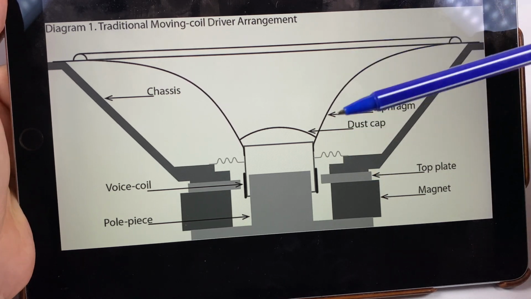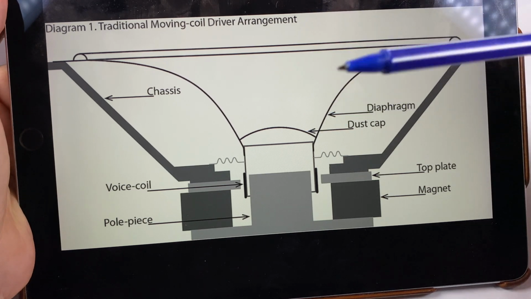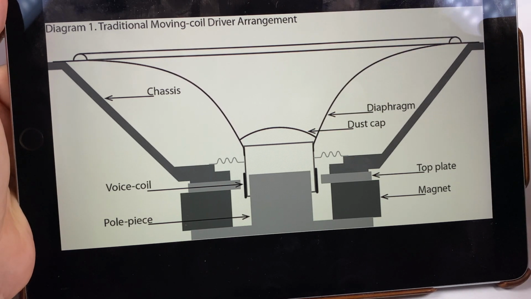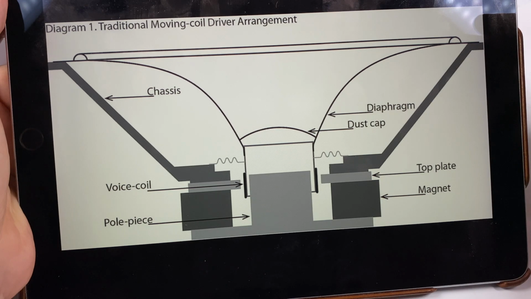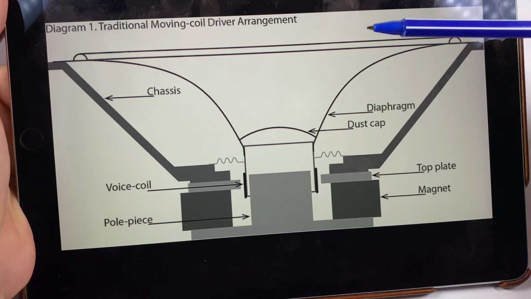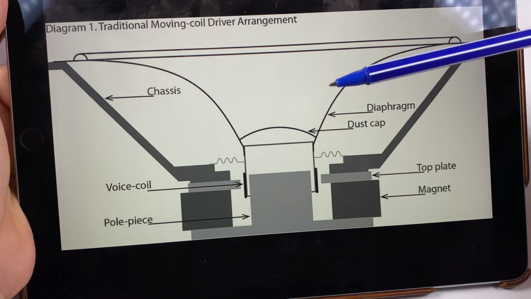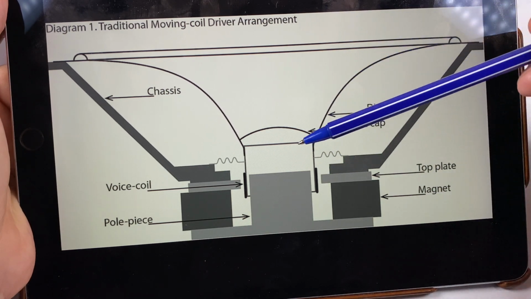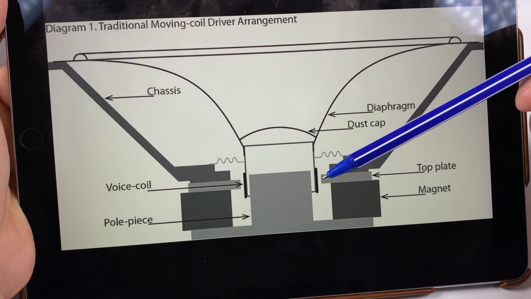So, usually more flexible materials are used, some PET films. Nowadays we've got more advanced materials like carbon nanotubes, beryllium coated PET and so on and so forth. So different complex materials that try to make the diaphragm as rigid as possible and at the same time keep it lightweight.